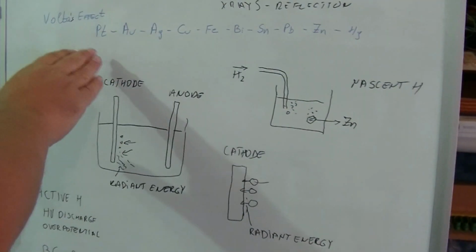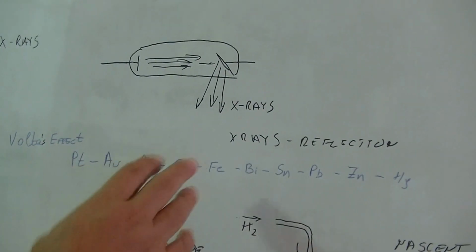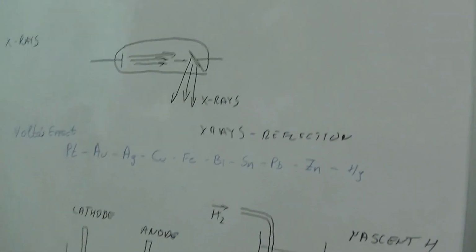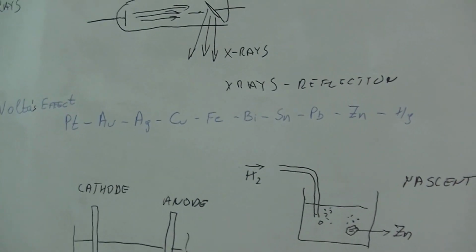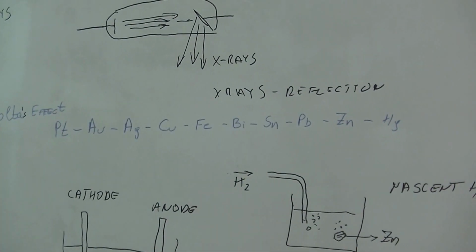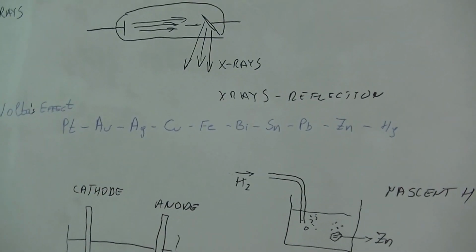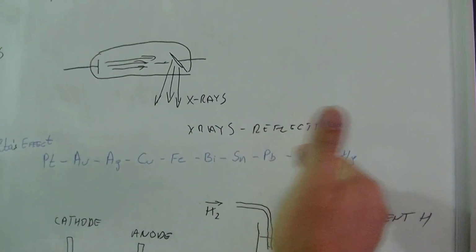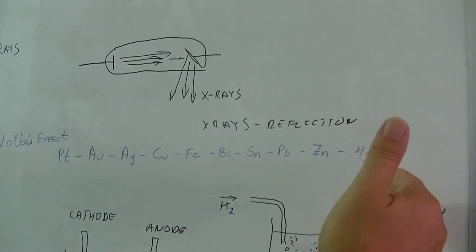So platinum and other metals on the left side actually absorb hydrogen, and they need a low overvoltage to produce hydrogen. As we go forward, we need more and more voltage to split the water.